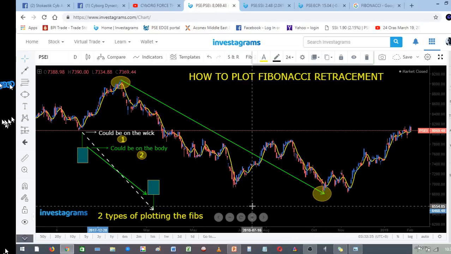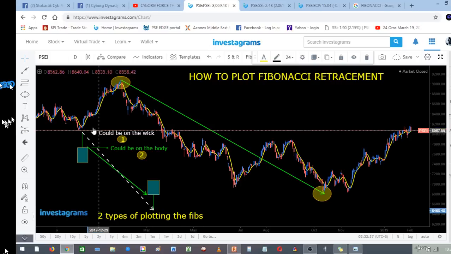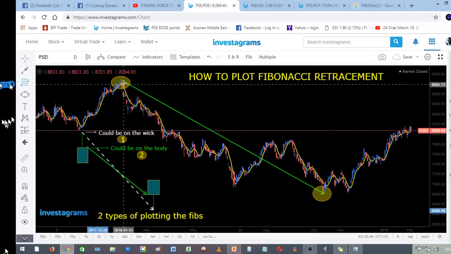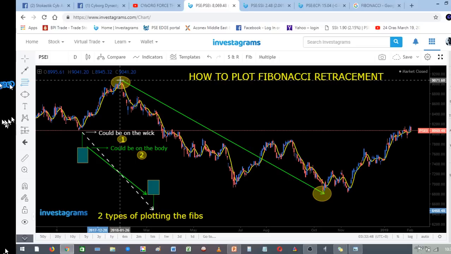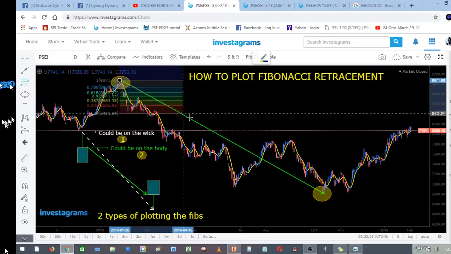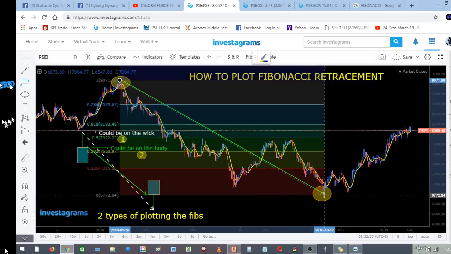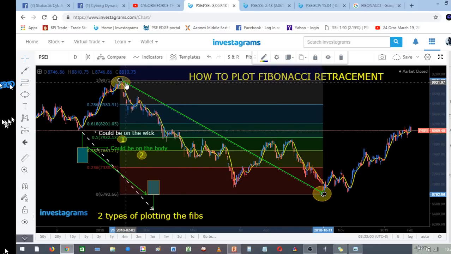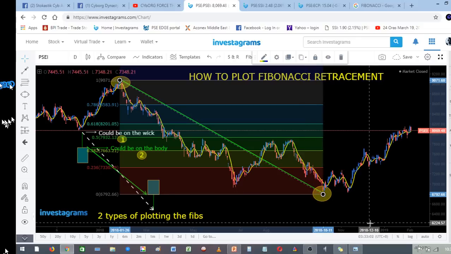So to plot a downtrend stock, as I said before, you have to locate your Fibonacci. Click this one from the top left of the candle going down to the bottom right of your candle, so from swing high to swing low. That is the first type of plotting the Fibonacci.